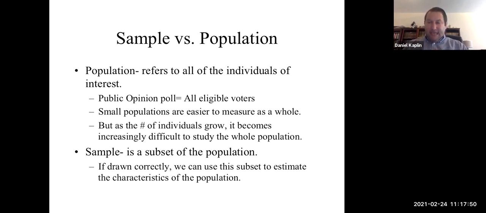Now, if done well, samples can approximate the characteristics of a population fairly reasonably. So making sure you have a representative sample is going to be important. All the important characteristics of the population should be reflected in a sample. If done well, that's wonderful. Now, we say it's an estimate of the characteristics of the population because it's not everybody, so we can't say it's a complete depiction.